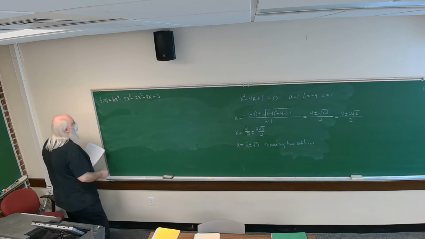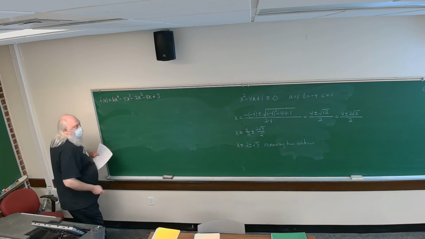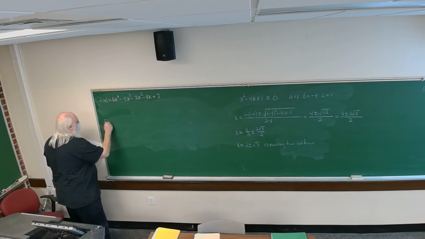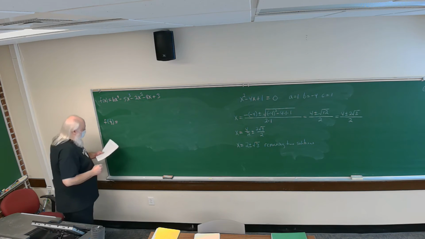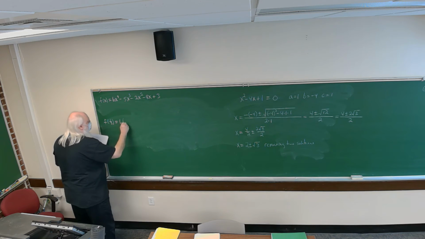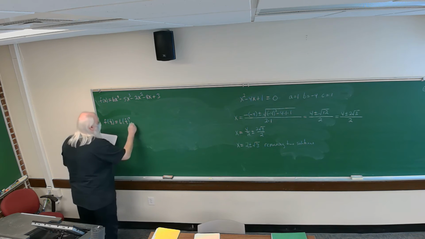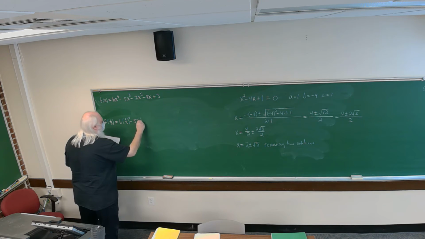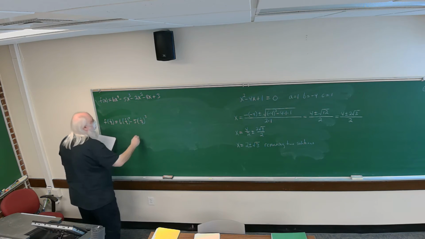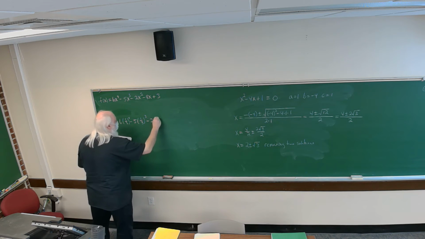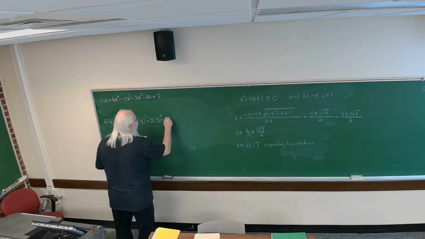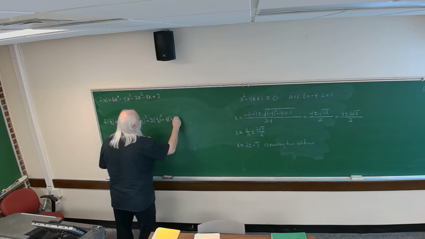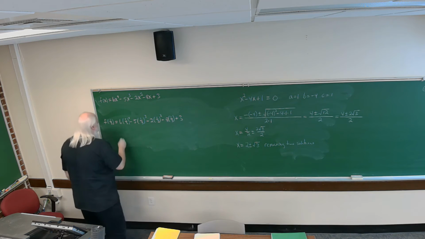Alright, so f of 1/3, you just put in 1/3 in for x, right? So when you do that, you have 6 times 1/3 to the fourth minus 5 times 1/3 cubed minus 2 times 1/3 squared minus 8 times 1/3 plus 3.